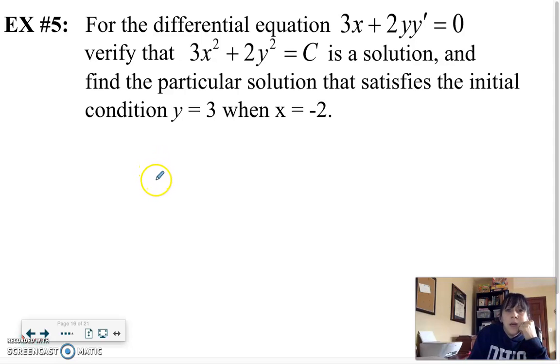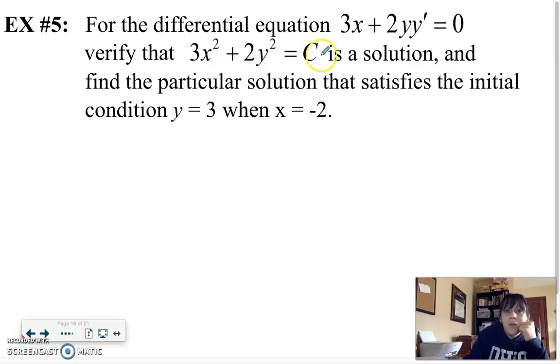Okay. So I'm thinking that we could do this a couple different ways. What I did at the beginning of the lesson, when we did this verifying thing, is I took the equation that was given and I just plugged it into the differential equation. But that's kind of difficult to do here because this equation's not solved for x or for y or for anything.